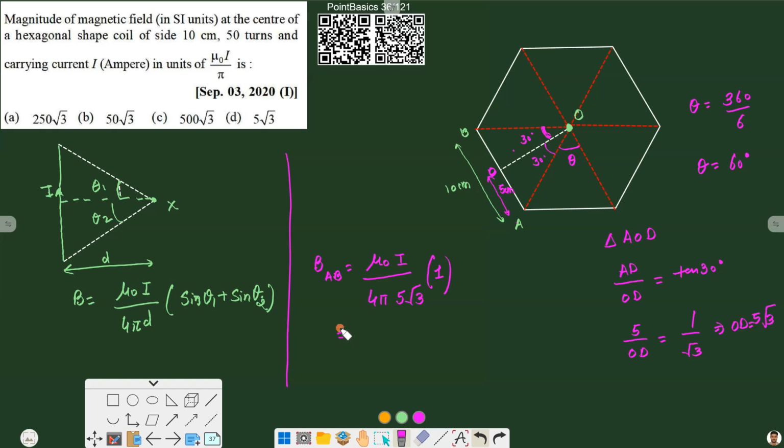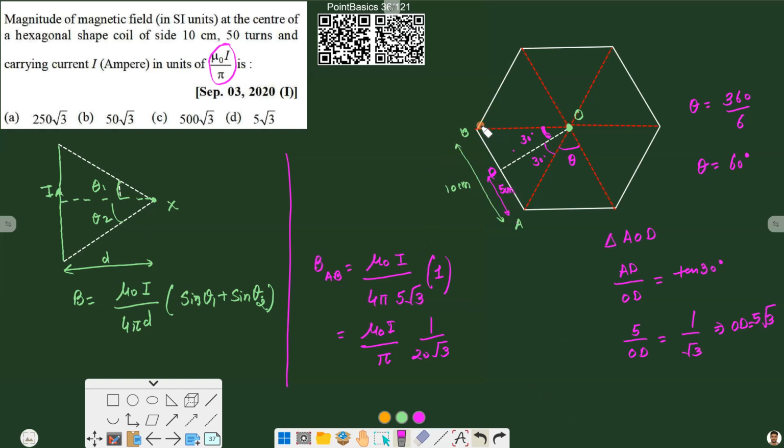As our answer is in the form of mu naught I by pi, we will not put values for mu naught, I and pi. We will keep them as they are. We will have 1 by 20 root 3. This is the magnetic field due to only the AB part.